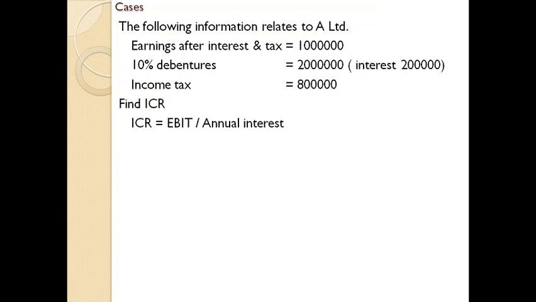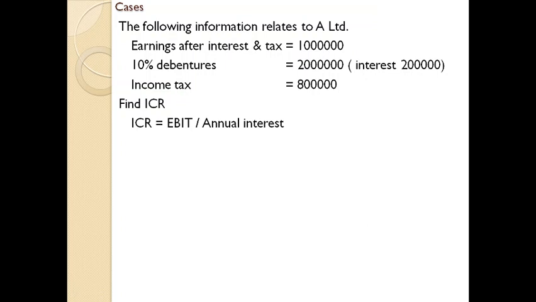For identifying the ICR, you need earnings before interest and tax, but the question gives earnings after interest and tax. So you need to find earnings before interest and tax from it. Just remember the income statement. As per that statement, the final result is earnings after interest and tax, and earnings before interest and tax is somewhere in between.